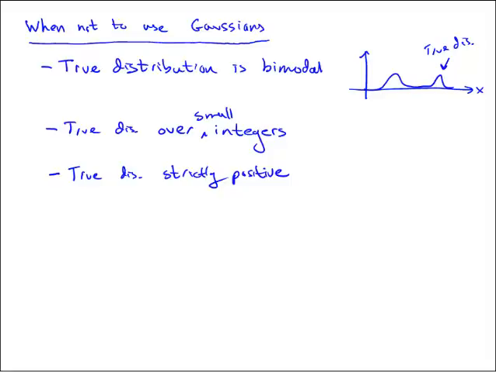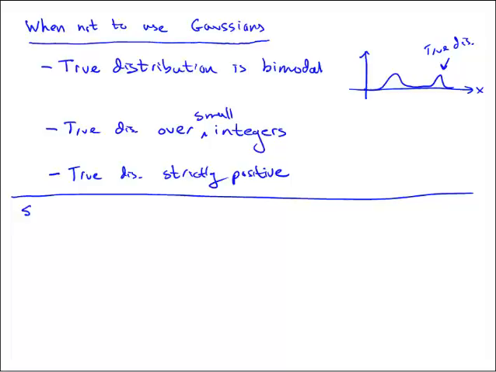Even though the neuron's firing rate has to be positive, you might be able to fit a decently skinny Gaussian around that mean firing rate of 200 spikes per second. So you can probably think of some more scenarios when Gaussians wouldn't work very well, but here are a few common ones just to be aware of.